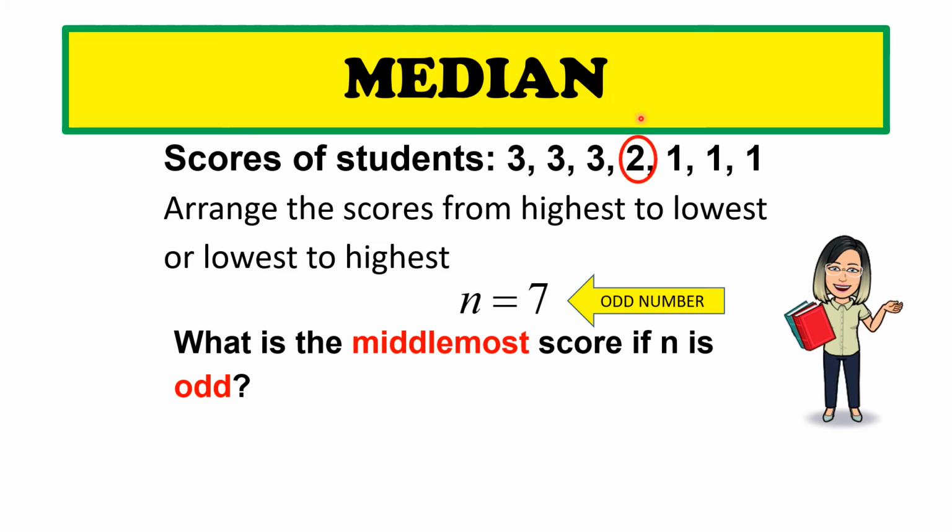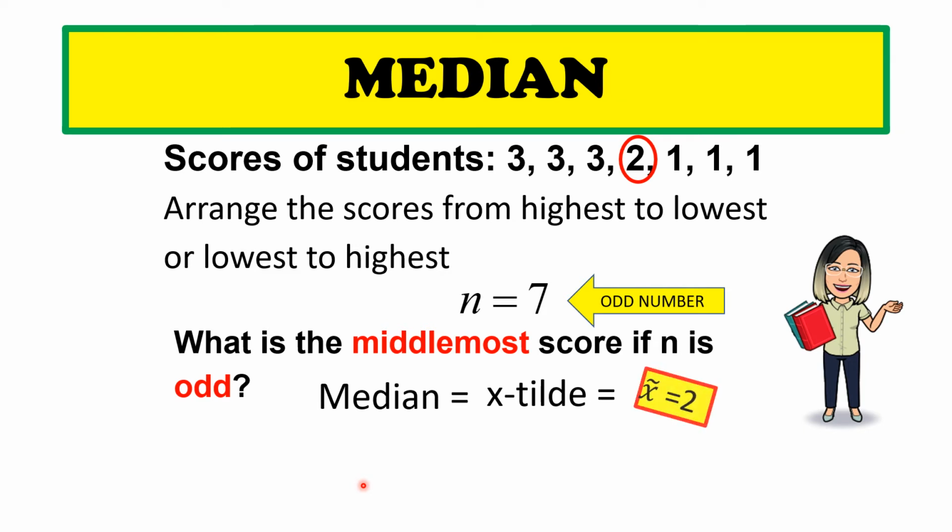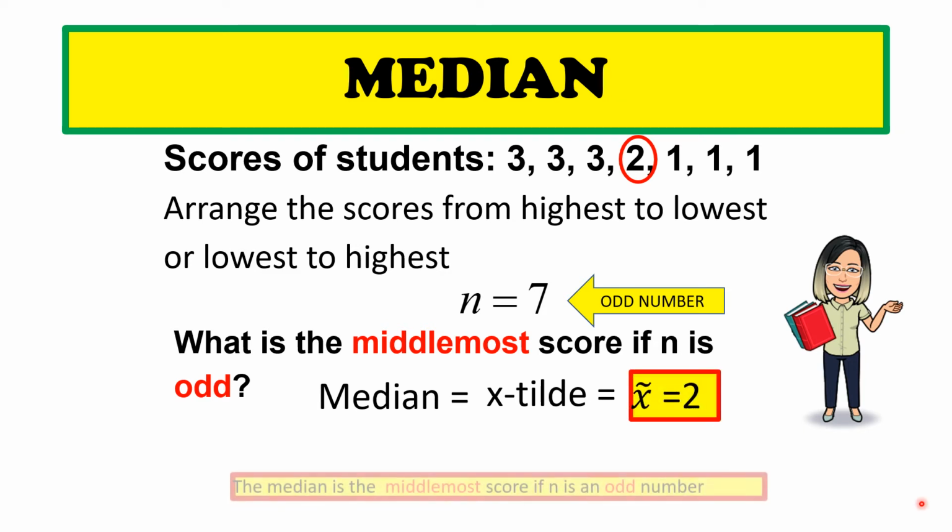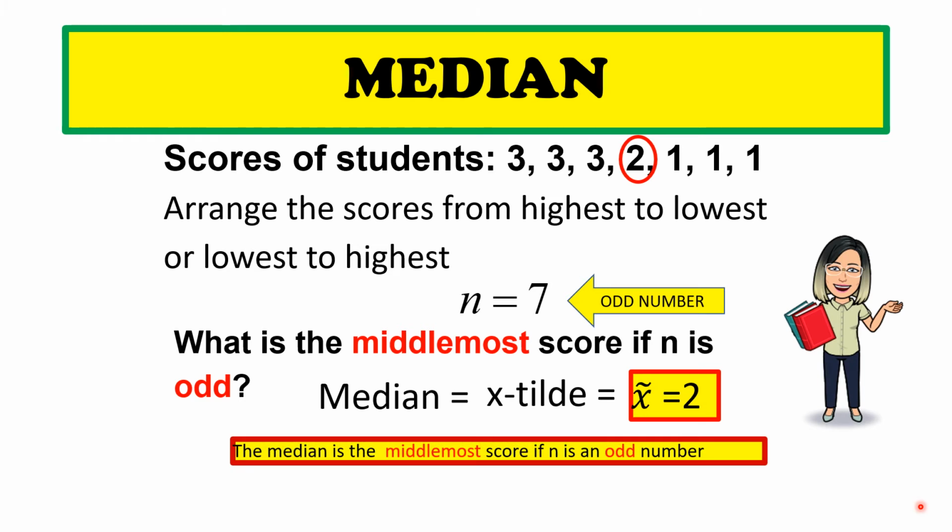So we have the median. The median is represented as x tilde, which is equal to 2. The median is the middlemost score if n is an odd number.